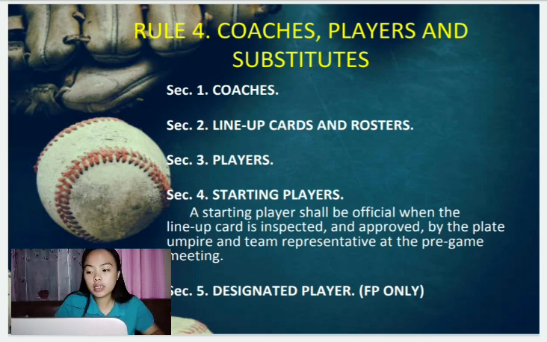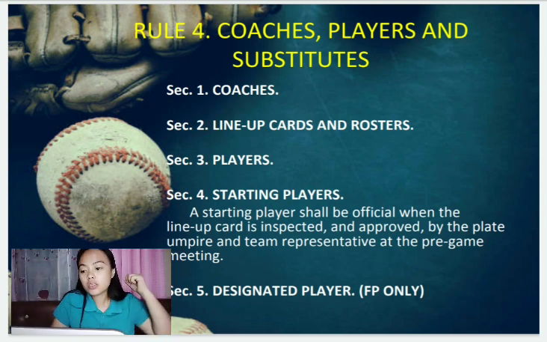Next, section 3, the players. So a team shall consist of players in the following positions. First is the fast pitch, 9 players: pitcher 1, catcher 2.